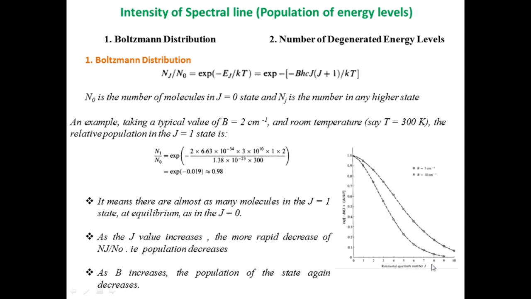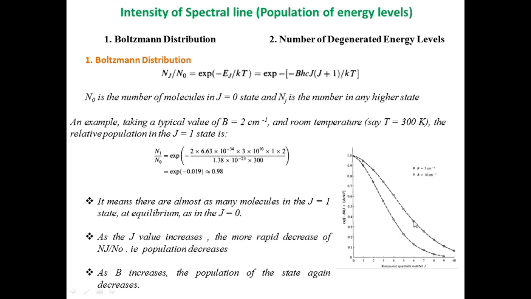This is a graph plotting Nj by N0, that is e raised to minus Bhc j into j plus 1 by kT, against the rotational quantum number j. We are getting a plot like this, that is, the population decreases with the increase of j value.